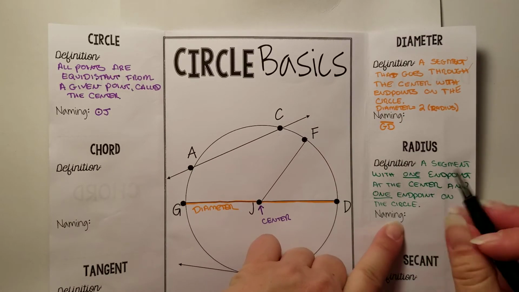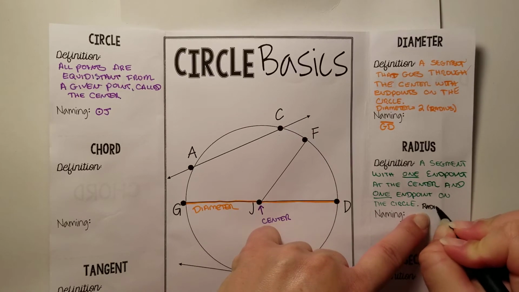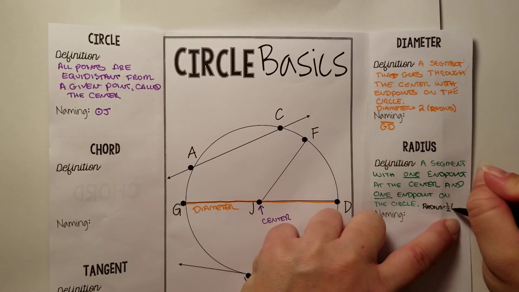So a radius equals half of the diameter.